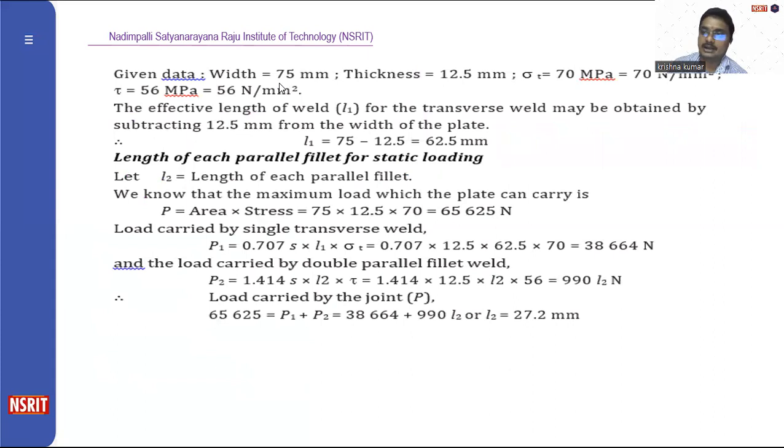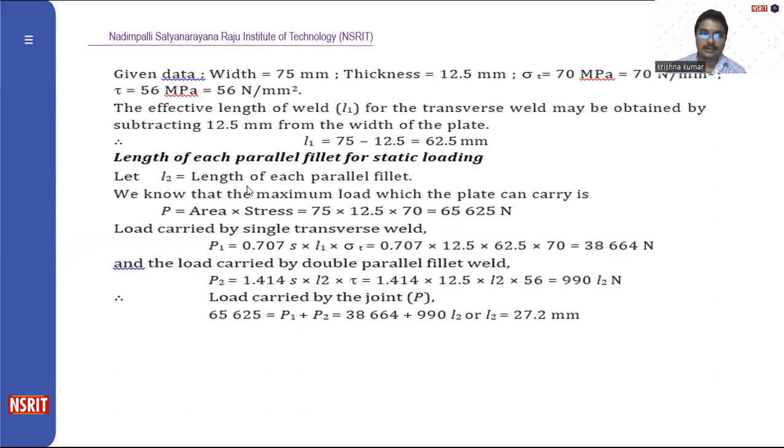From the given data we note the thickness, width, tensile stress, and tau is equal to 56 megapascals. The effective welding area is found by subtracting this value from this, and we get L1 is equal to 62.5 mm.